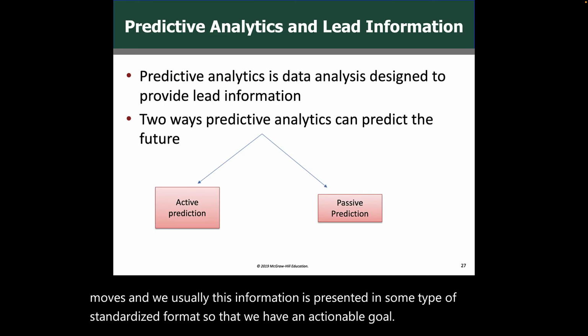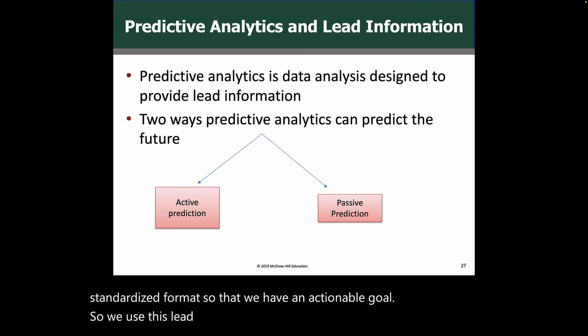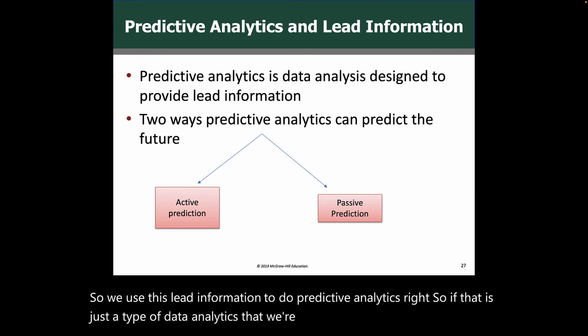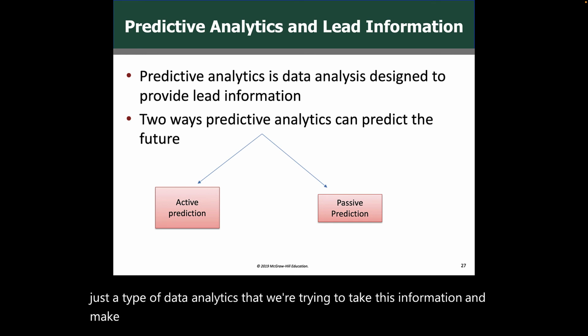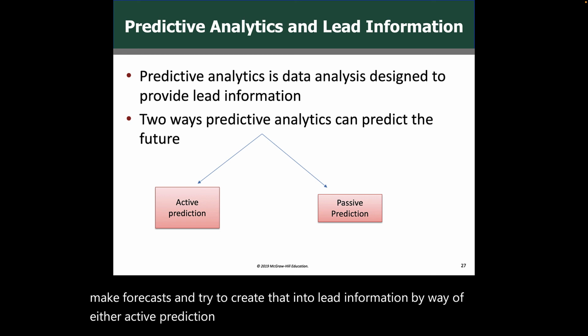So we use this lead information to do predictive analytics, right? So that is just a type of data analytics where we're trying to take this information and make forecasts and create that into lead information by way of either active prediction or passive prediction.